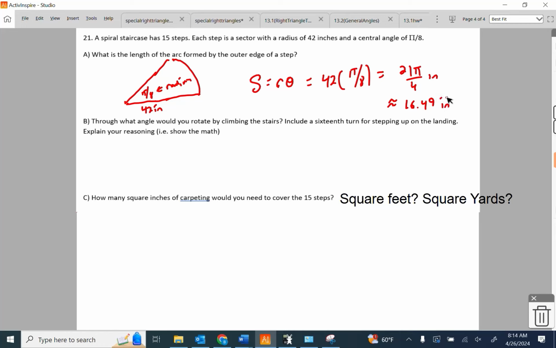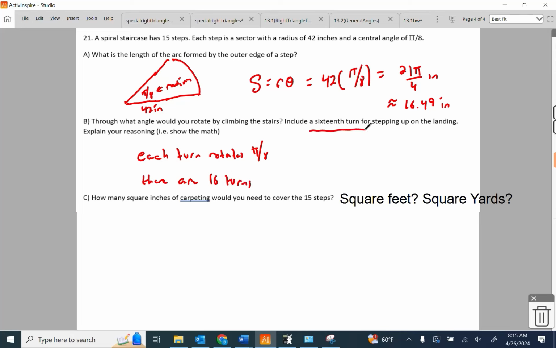Through what angle would you rotate by climbing the stairs? Include a 16th turn. So each turn rotates pi over 8. There are 16 turns.